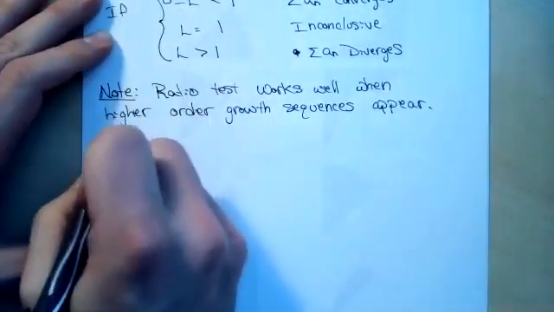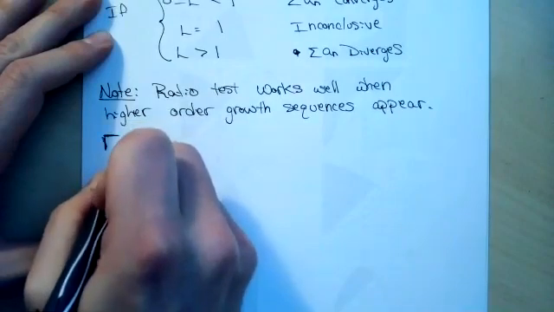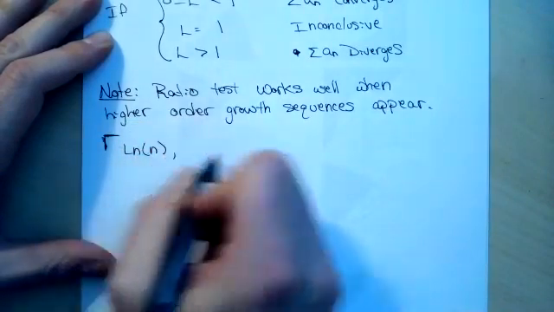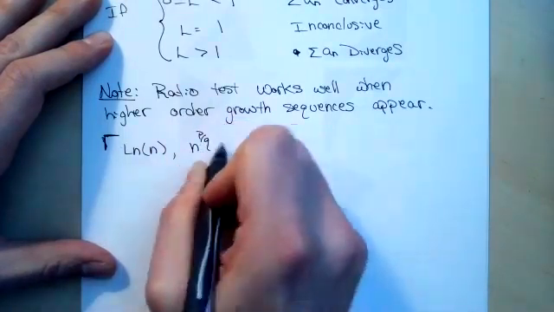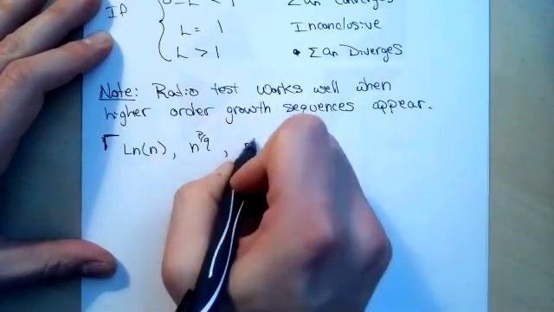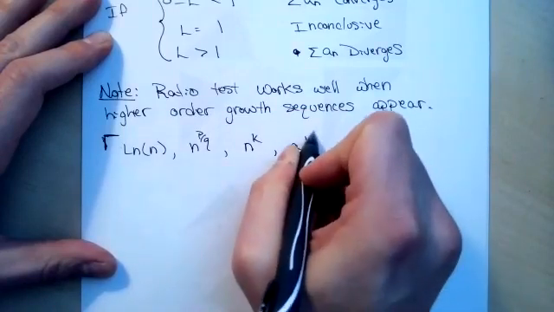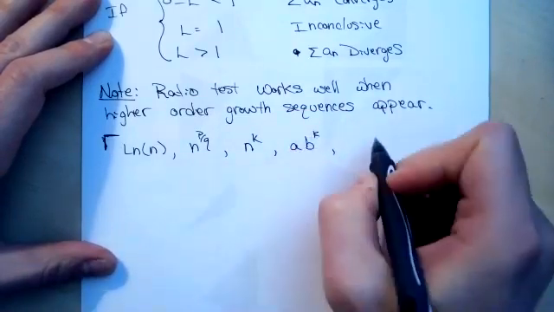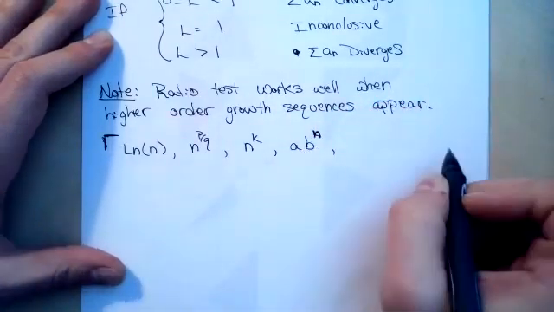So we have our outline of order of growth of functions: natural log, we've got fractional, we've got polynomial growth, then we've got exponential growth, maybe to the n, excuse me.